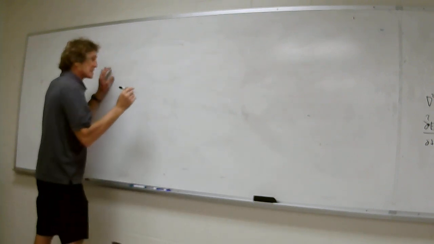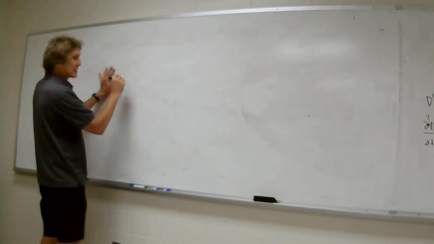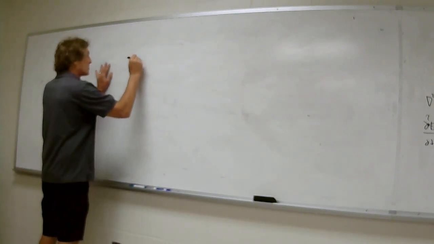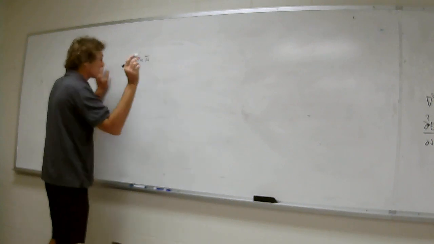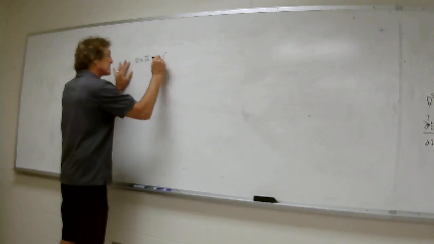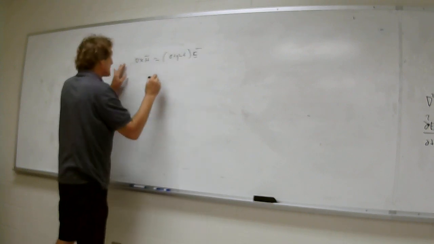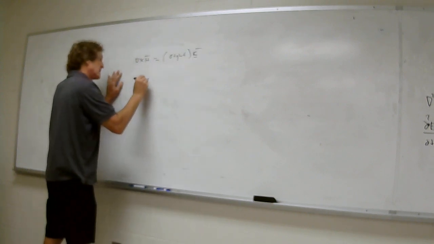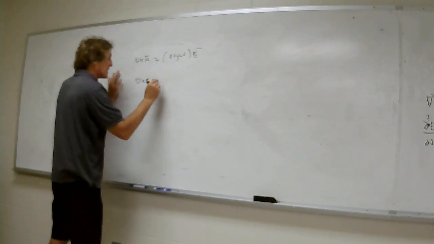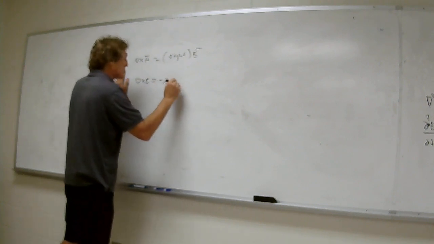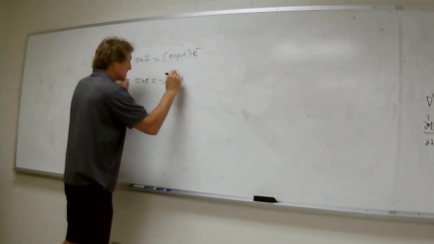You could have got the curl of H. I'm going to write these down, you don't need to write it. Curl of H is equal to sigma plus j omega epsilon E. And curl of E is equal to minus j omega mu times H, right?